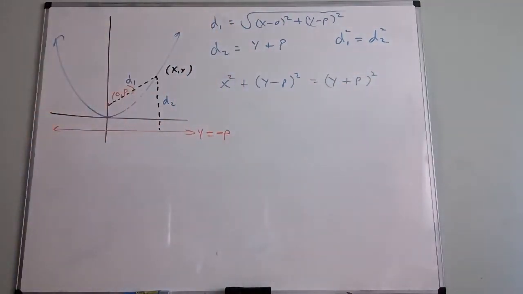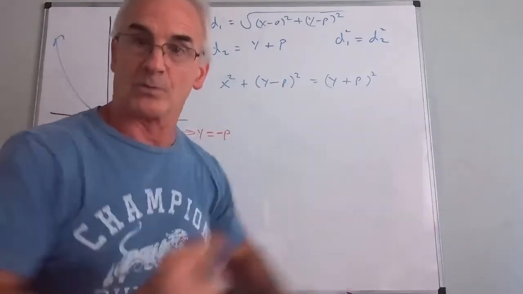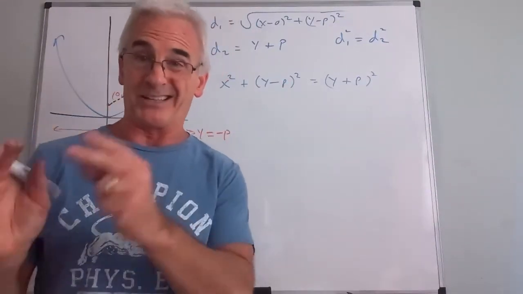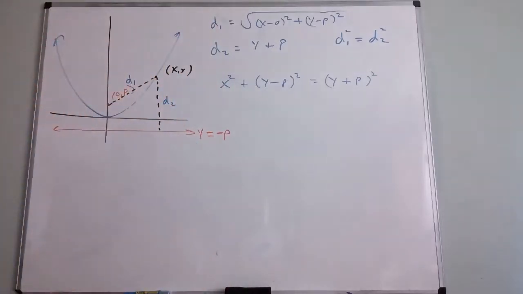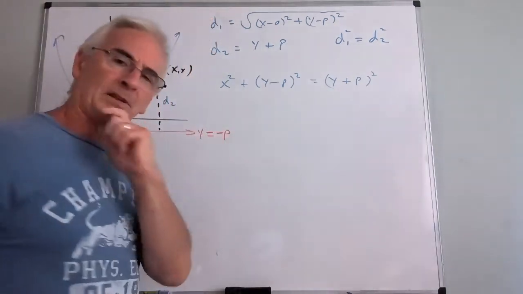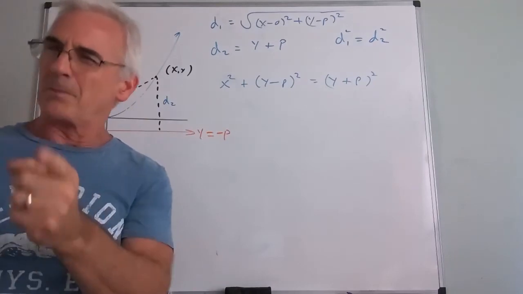Now, since this is a function, I would really like to write it as y equals. Before we said f of x. It doesn't matter if you said y or f of x, but I'd really like to isolate the y. I've got y squareds though. Is that going to be a problem? Well, I've got one on each side. So what's probably going to happen? Cancel out. Probably going to cancel.